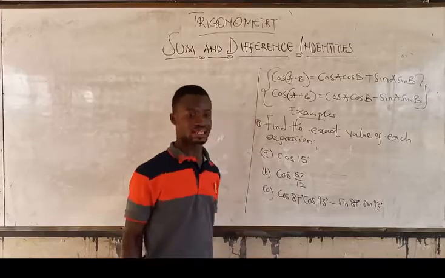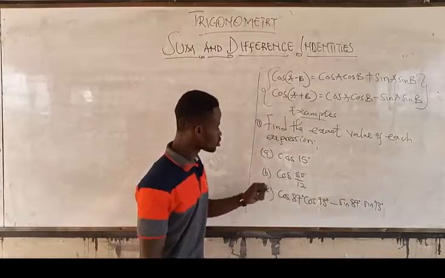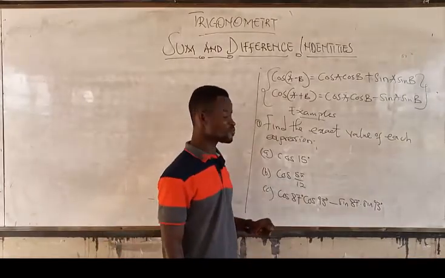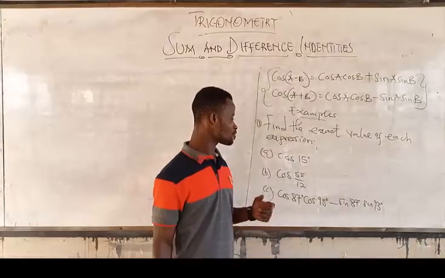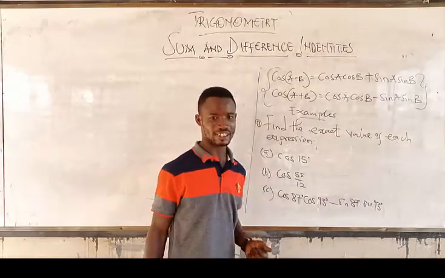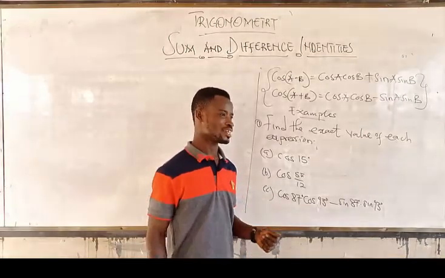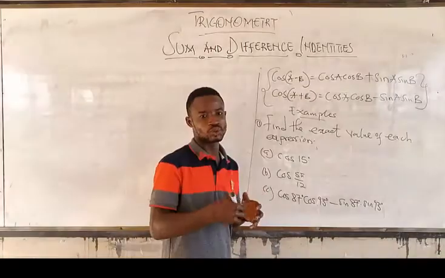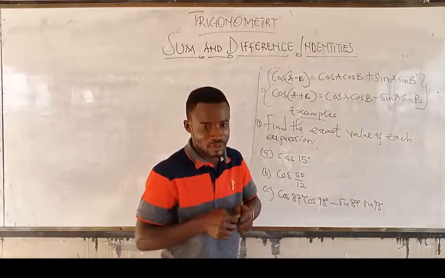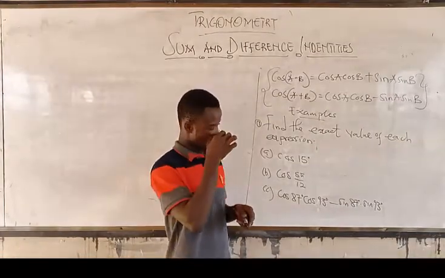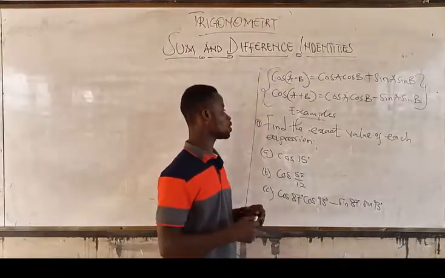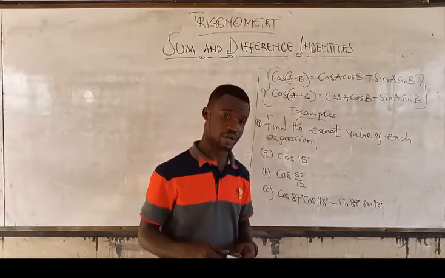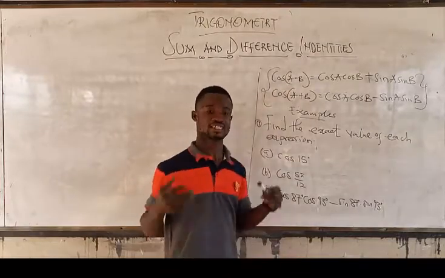Looking at the first one, cos 15 degrees, you can use your calculator, but to get its exact value, we need to go by using the expressions that we have just derived.